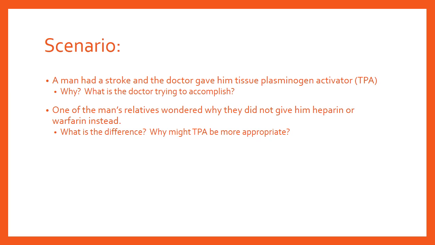Heparin and warfarin are acting on prevention of blood clot formation, while tissue plasminogen activator, by activating plasminogen, which is converted to plasmin, which digests the fibrin in the blood clot, is digesting the clot. So TPA helps clot digestion, while heparin and warfarin are merely preventing it.